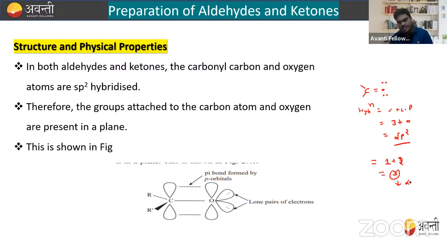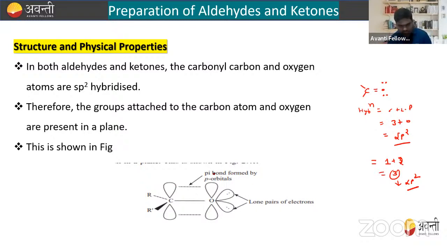Three means again sp2. So we can say that in an aldehyde or ketone, the carbonyl carbon and the oxygen atom are sp2 hybridized. Therefore, the groups attached to the carbon atom and oxygen are present in a plane, right? Because we know that sp2 hybridization has a planar shape. This is shown in the figure.